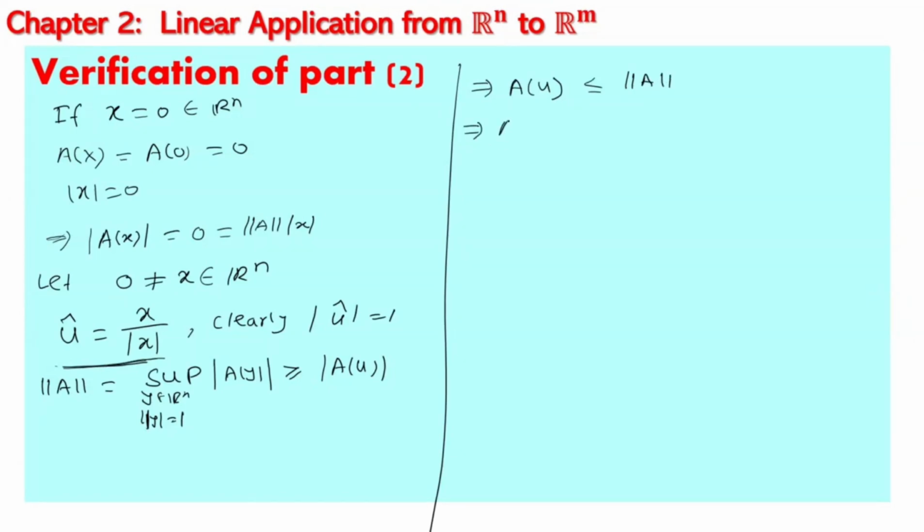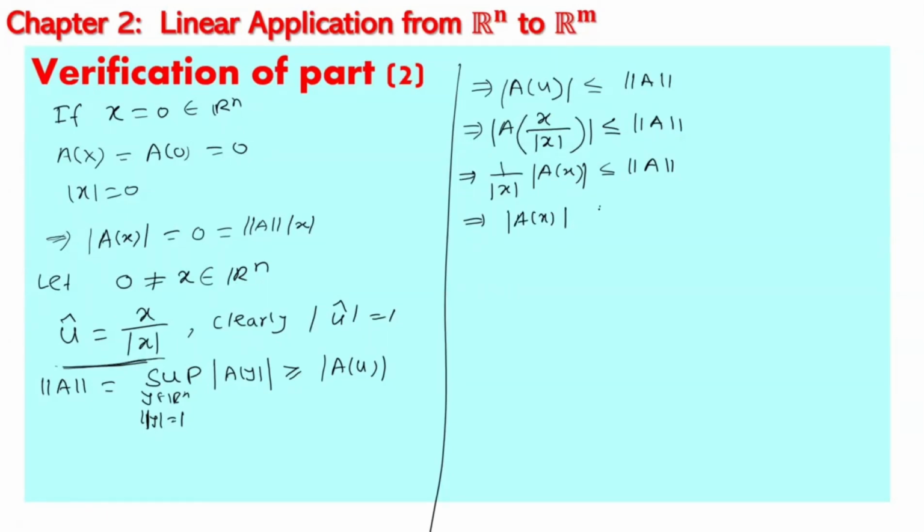Now what is u? u is given as x over mod of x, so the absolute value of A applied to it is less than or equal to norm of A. Since mod of x is a scalar and A is linear, we can write this as the absolute value of Ax divided by mod of x, less than or equal to norm of A. So the absolute value of Ax is less than or equal to norm of A times the absolute value of x.